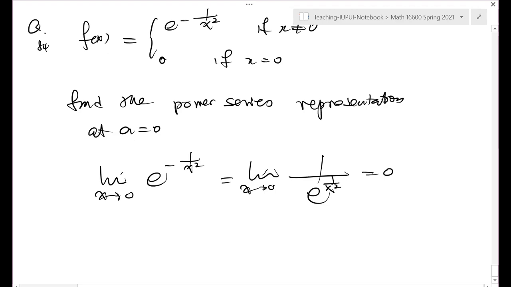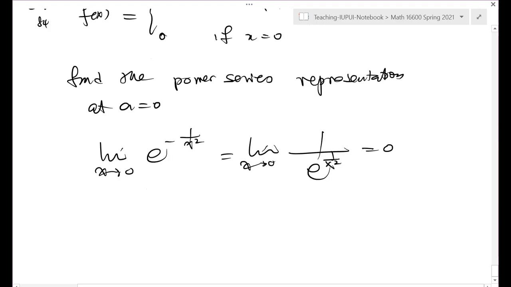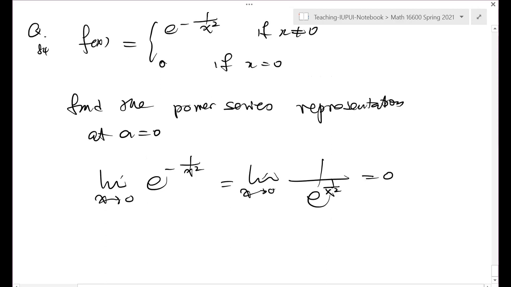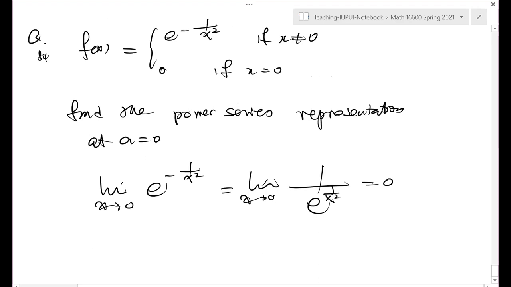Yeah, you can find the derivatives. So is the derivative going to be 0 now?